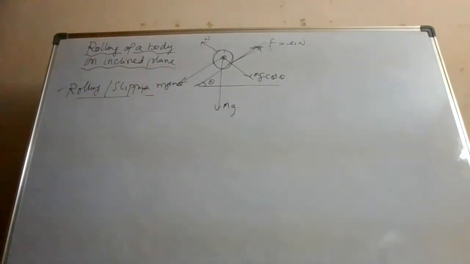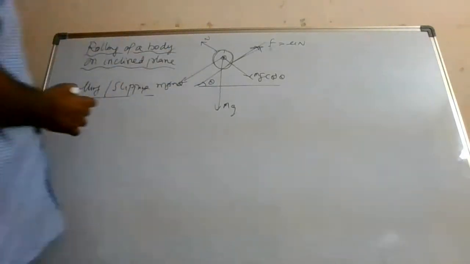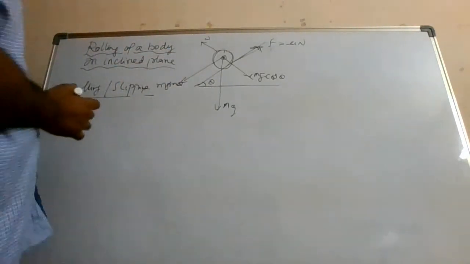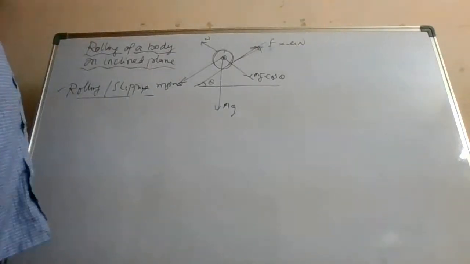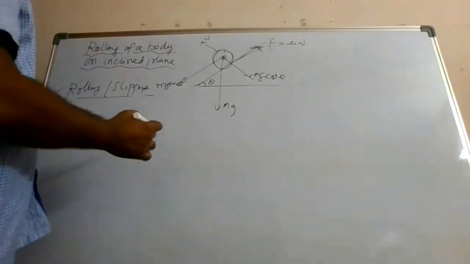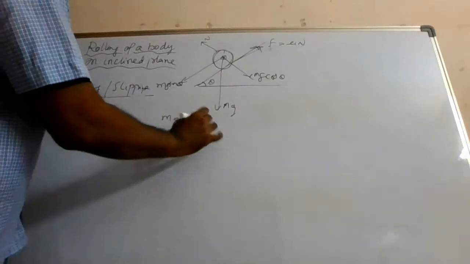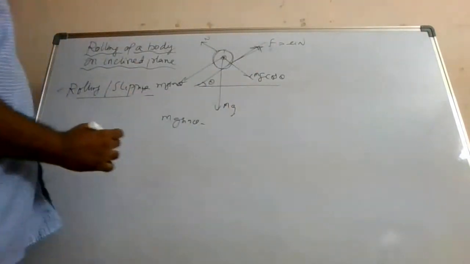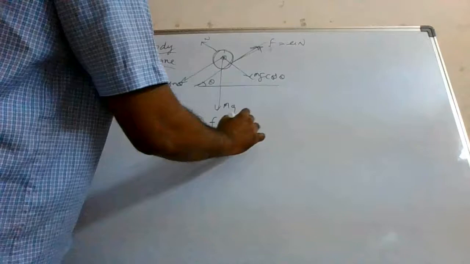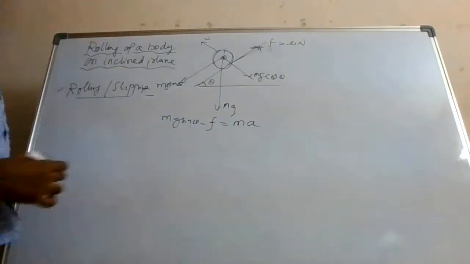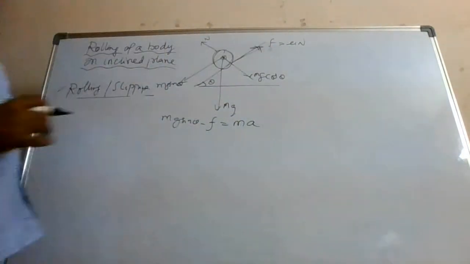Now if you write the equations of motion here, this is trying to roll down, let us say. The force will be mg sin theta minus F equal to ma, where a is the acceleration in this direction.